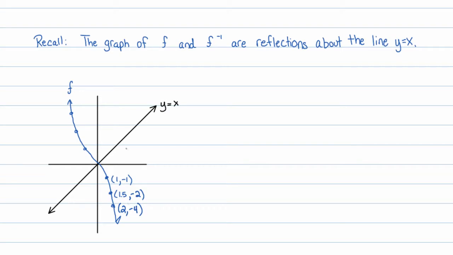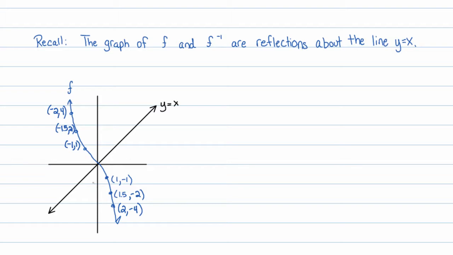I'm just making things up, okay? Same thing for these points back here: these points might be -1, 1, and this is like -1.5, 2, and this might be -2, 4, or something like that.